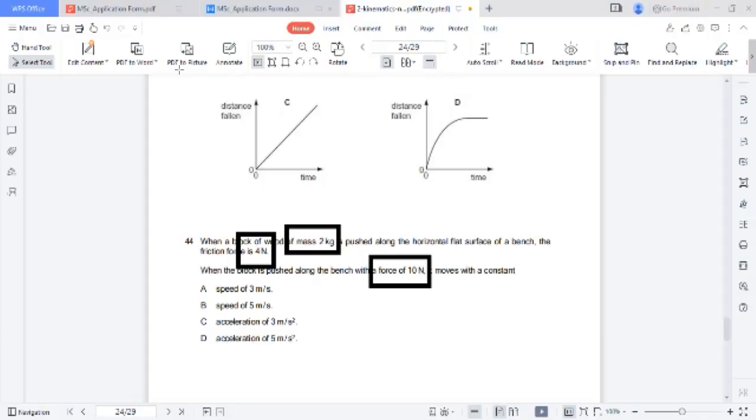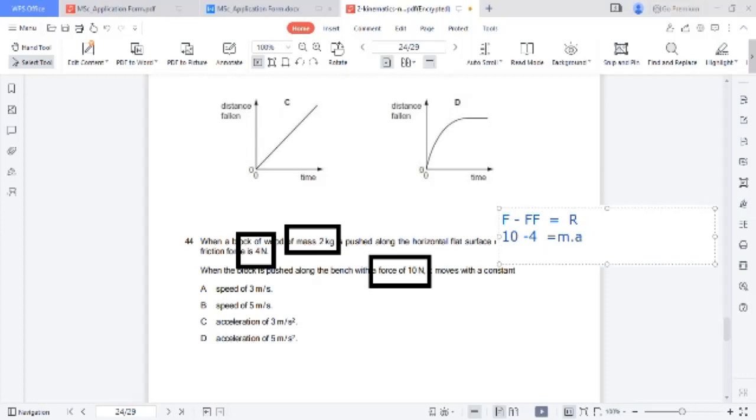So you can say applied force minus friction force is equal to resultant force. You are applying 10 Newton force and friction force is 4 Newton, and the resultant force is mass times acceleration.